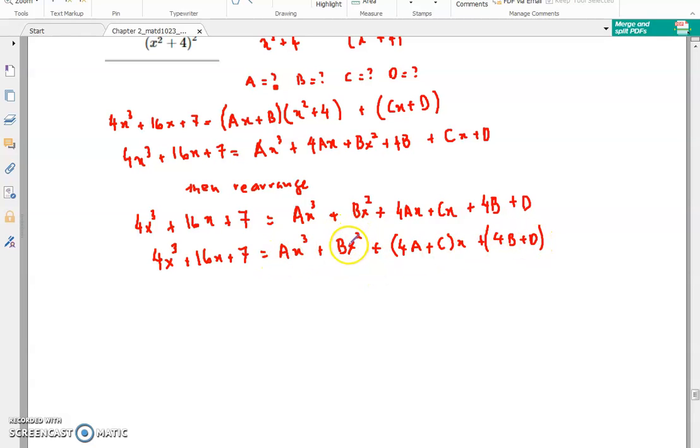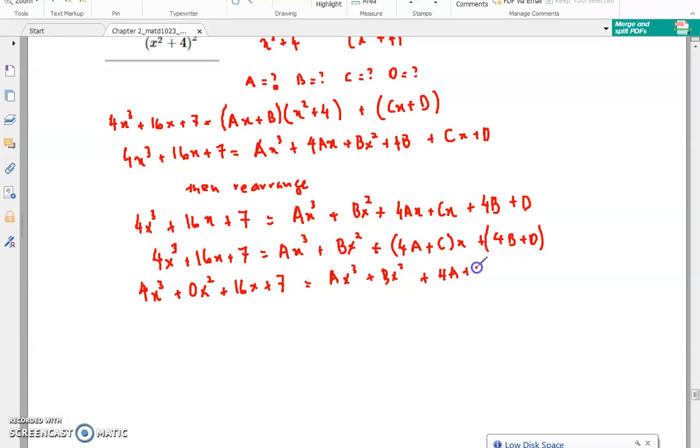Since you don't have any x squared term, we just make it exist by adding 0 in front of x squared.